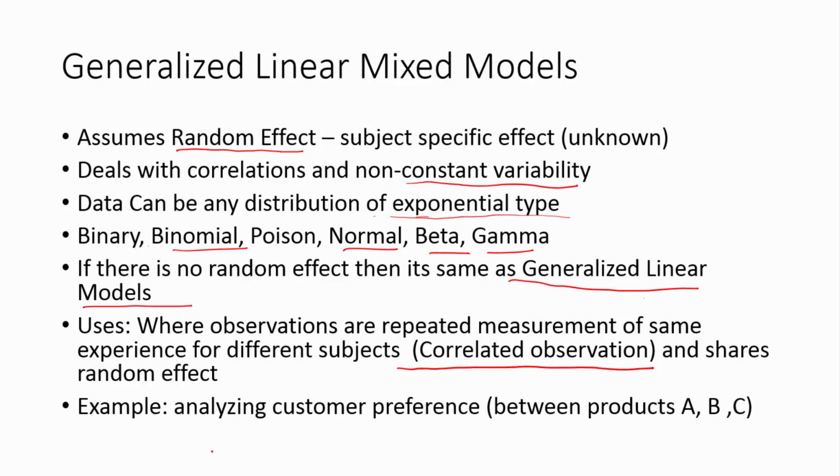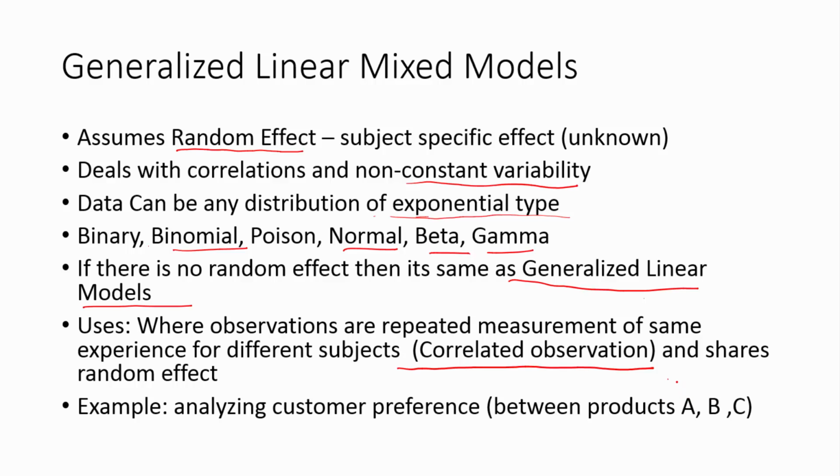One example we can give is if you want to analyze customer preference between products A, B, and C. We can do an experiment and collect data. That could be highly correlated data because the same product is being used for experimentation a number of times. So the data will be correlated, and there will be a random effect as well, because there will be a subject-specific effect.